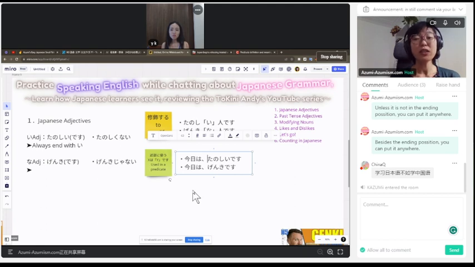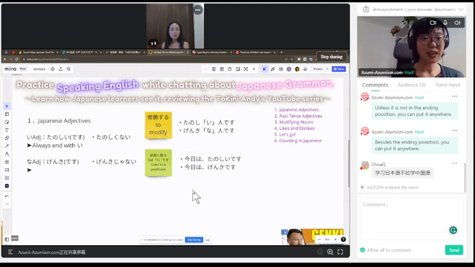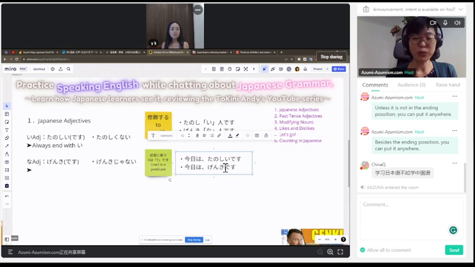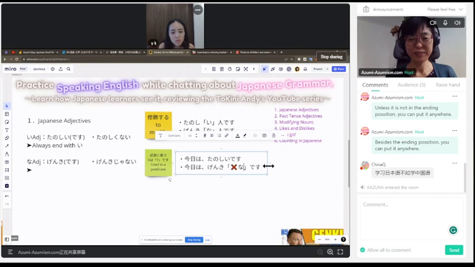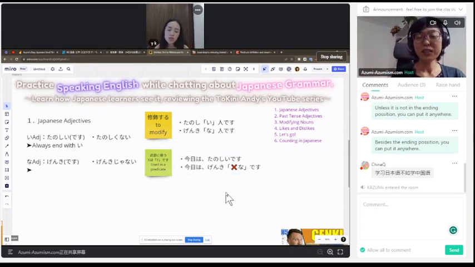Regarding 今日, it is 楽しい; regarding 今日, it is 元気. Then you do not need to know the difference. That's a very important point to be aware of. So that's it for today.